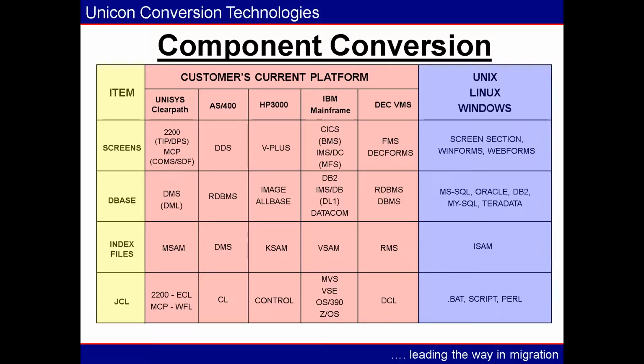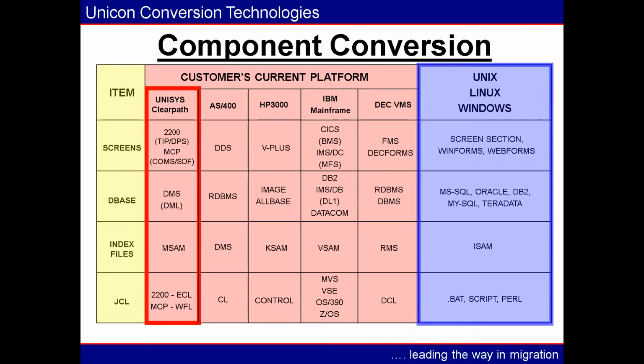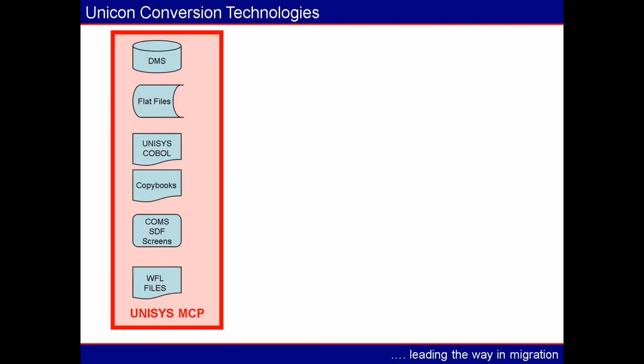This slideshow discusses the example of when the customer wants to move the applications from their Unisys MCP mainframe to Windows. But this is only an example of the many different migration projects that Unicon has performed, each one tailored to meet the unique needs of each customer.